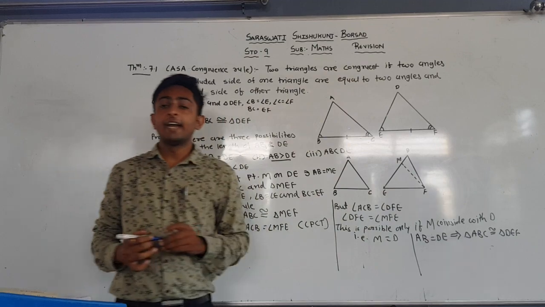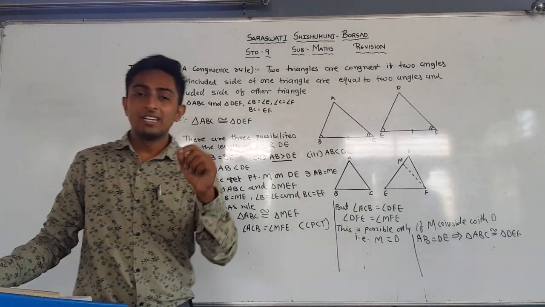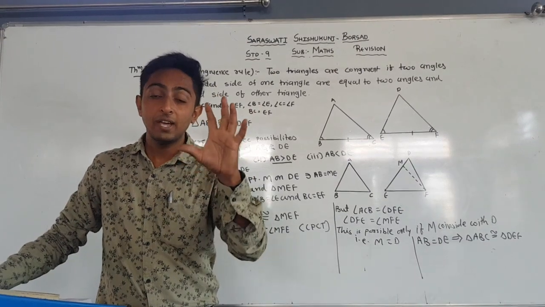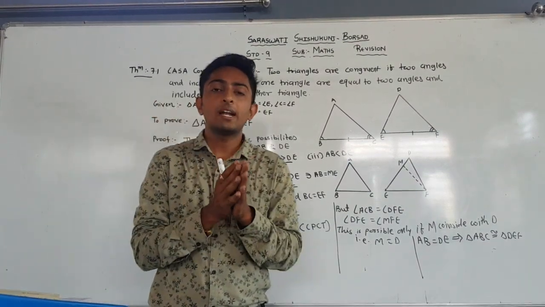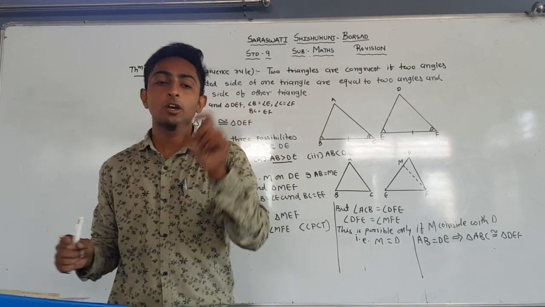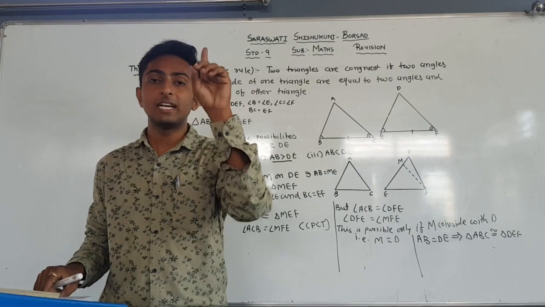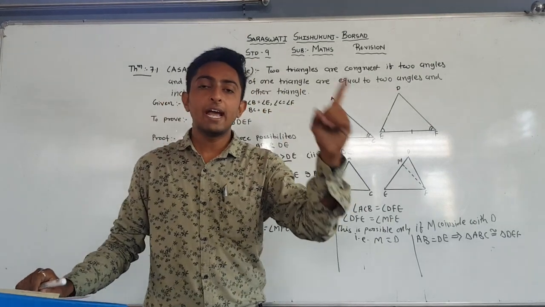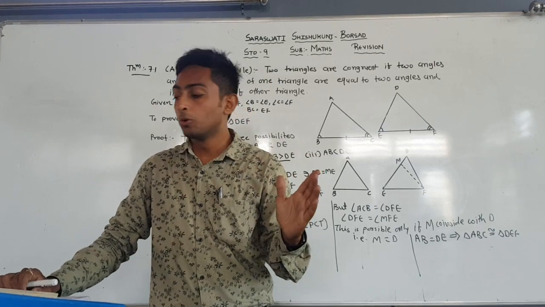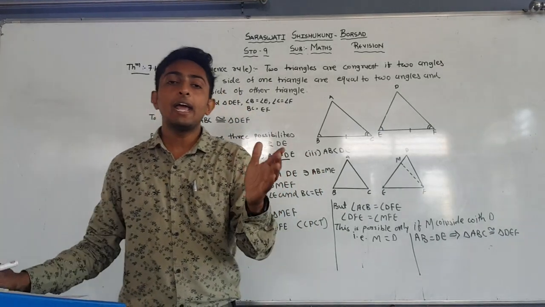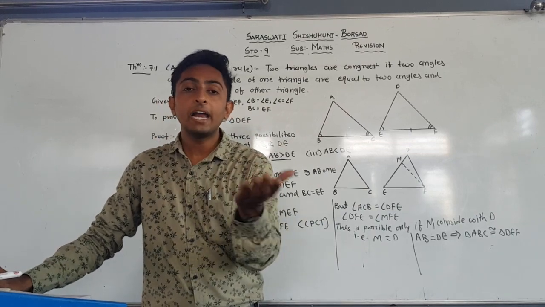So friends, this is theorem number 7.1. This is the theorem for which we have to give the proof. But for those theorems that don't give a proof in the textbook, you need to prepare the statements of those theorems, because it is very important. It can be asked as a short question. For example, write the AAS rule, write the SSS rule, write the RHS rule.